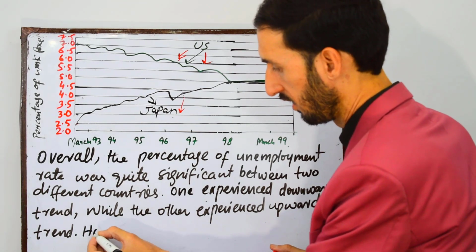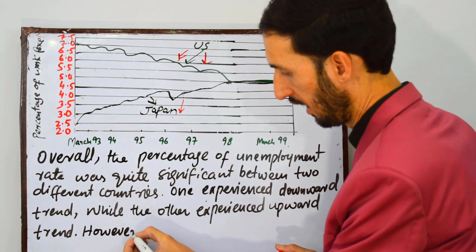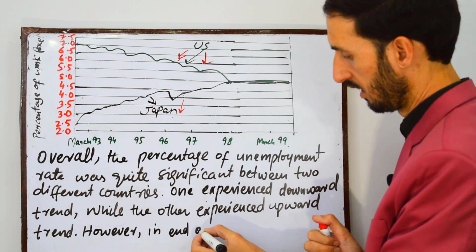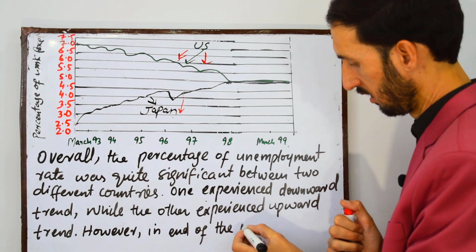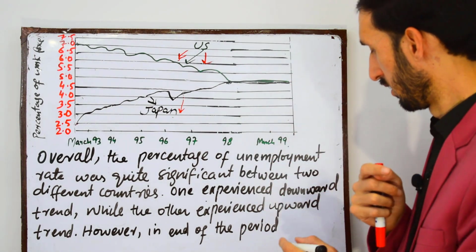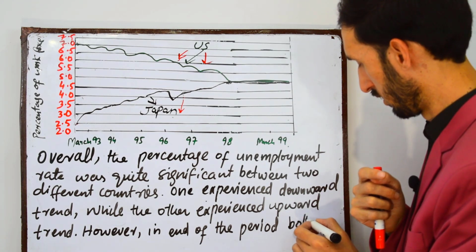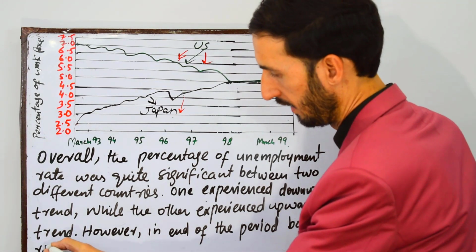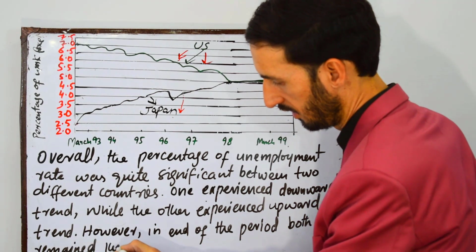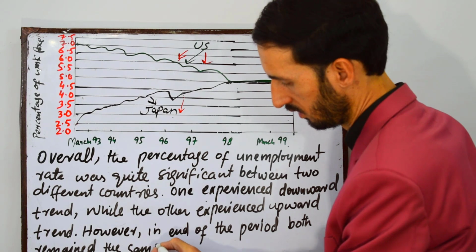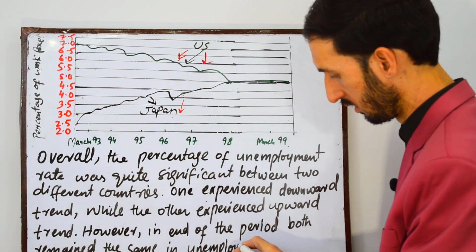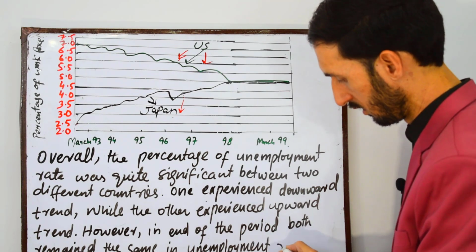I'll use the word however, comma, at the end of the period, both remained the same in unemployment rate.